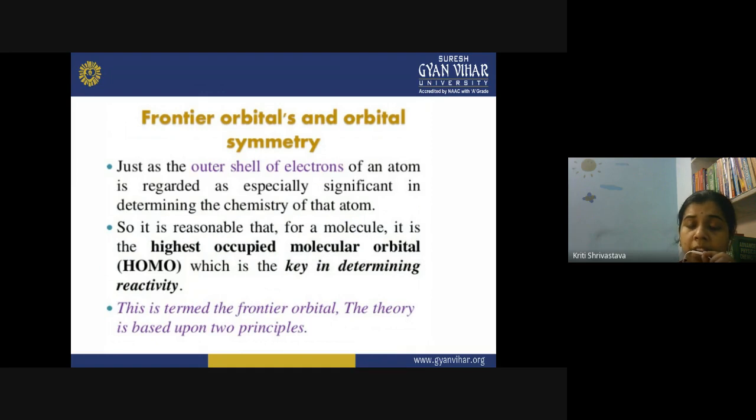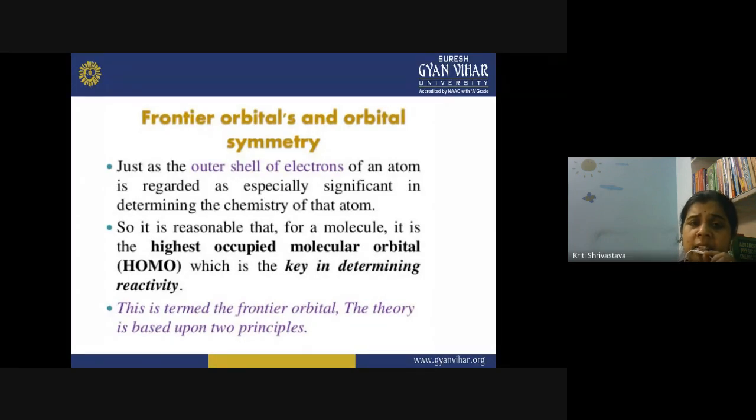Now, this phenomenon is very important in case of conjugated systems. The pericyclic reactions are a special category of reactions which characterize conjugated systems. So these frontier orbitals are basically present in any conjugated system.